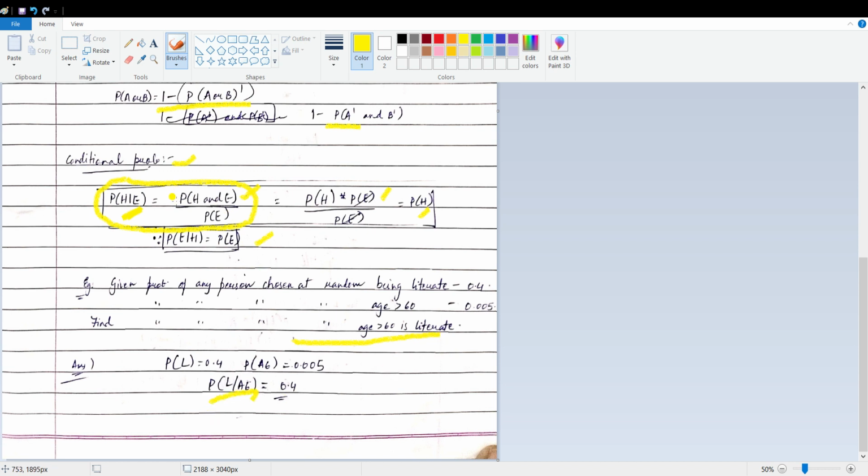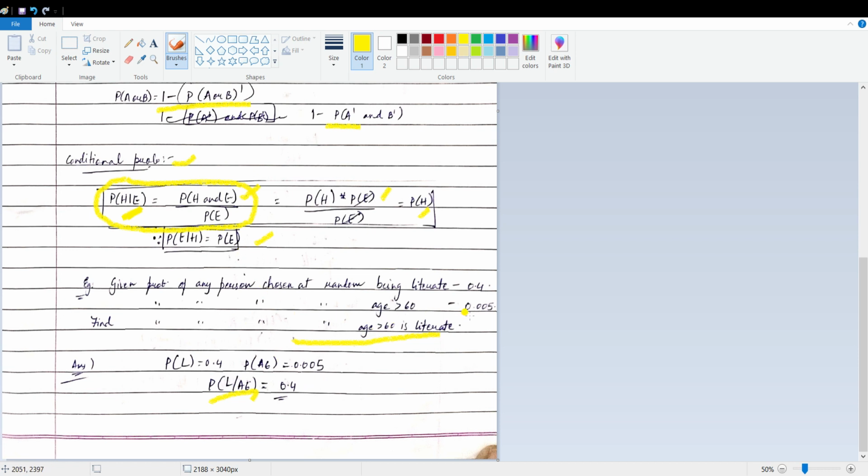In general, it would lead us to something like this: P of L and A6 divided by P of A6. That is what you'll be having here. But since these two events are given as independent events, you do not have to worry about A6.